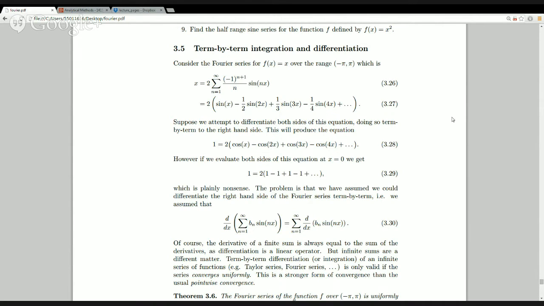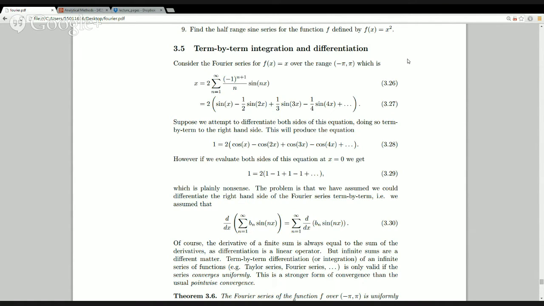So the example we're going to look at just starts off by considering the function f of x equals x. This is quite a straightforward function. It's just f of x equals x between pi and minus pi, so its graph is just the line of slope 1. That's an example we've worked with previously, and we found that it had a Fourier series consisting of sine functions.